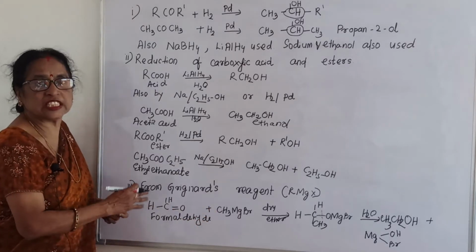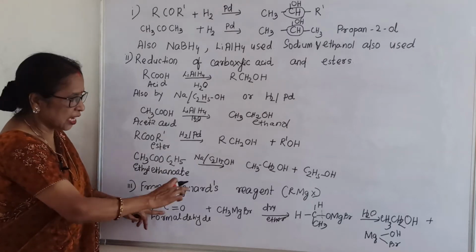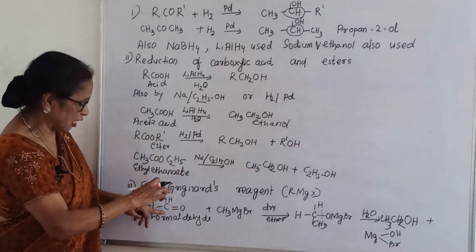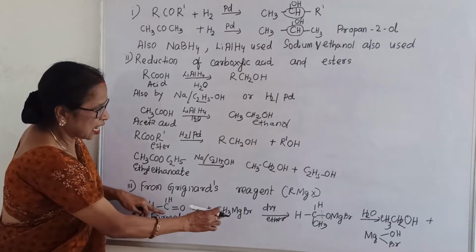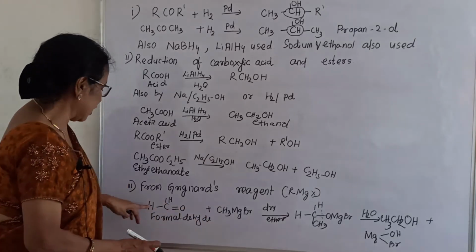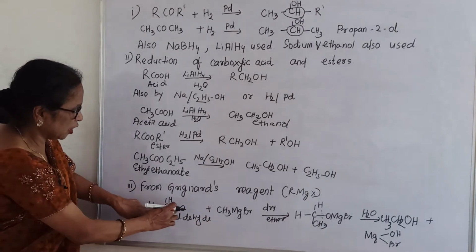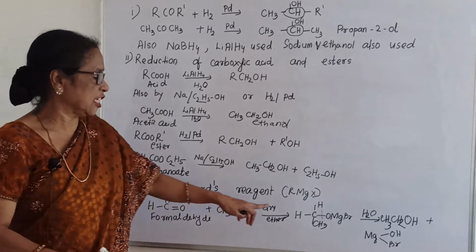When it reacts with CH3MgBr, all the atoms are attached to this carbon. What are the attaching atoms? One is CH3, another side is MgBr. That means here you can see this is the carbon, you attach MgBr here and CH3 on this side. Now this is the result.